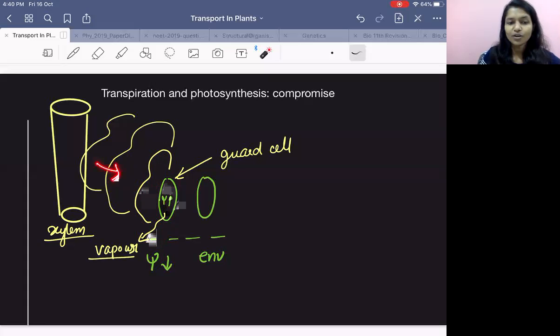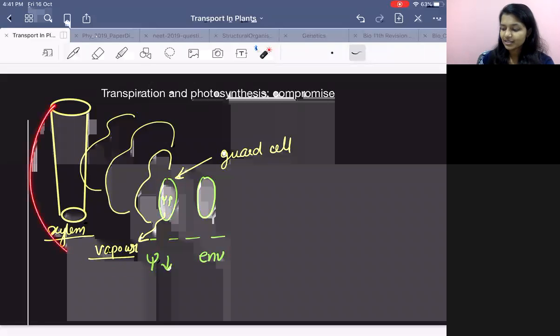The surrounding cells will take water from the surrounding cells. Finally, it will create a big pull, a big force, from the xylem. The water will start to move continuously. Is it clear? This is your transpiration pull theory. Any doubt? Is it understood? Tell yes, no. This is how transpiration is creating a pull.